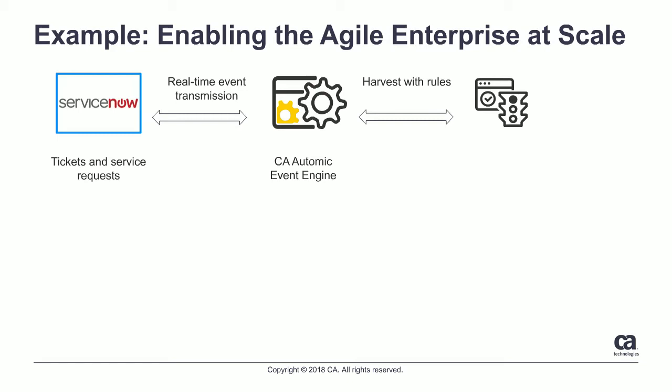Maybe also I want to kick off a workflow that will take all the jobs that are on that machine and put them on hold, or take the machine to offline status, or run a level 1 triage to do some remediation. All those kinds of things can be happening, and I can determine what those rules are just by creating them within the engine and letting that drive that real-time activity.